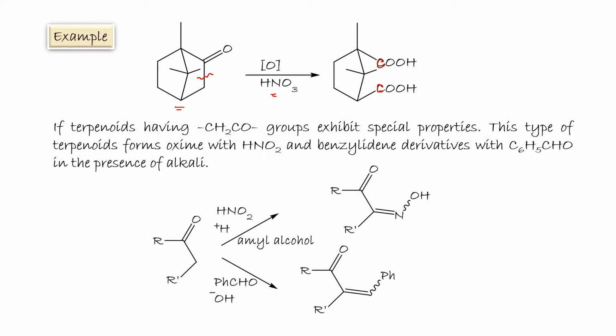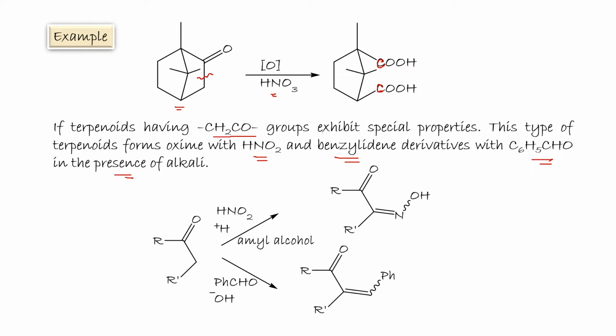If terpenoids having a CH2CO group exhibit special properties, this type of terpenoid forms oxime with nitrous acid and benzylidene derivatives with aromatic aldehyde like benzaldehyde in the presence of alkali.